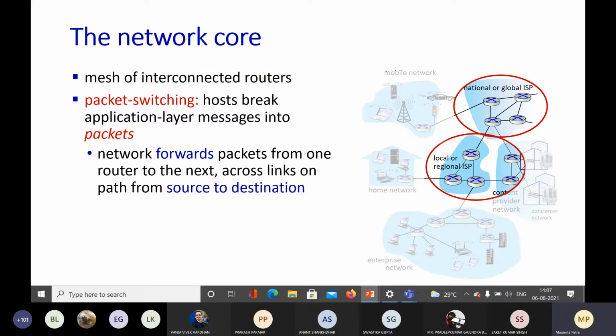So in the network, these packets will be forwarded from one router to another router, through the links between them. Each router can act as a source and the other router can act as a destination, depending upon who is transferring the packet.